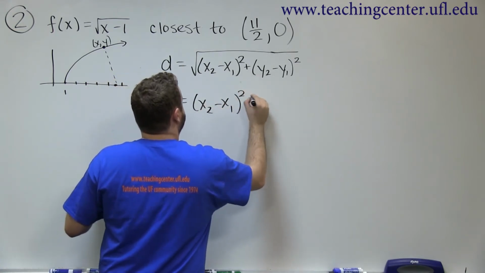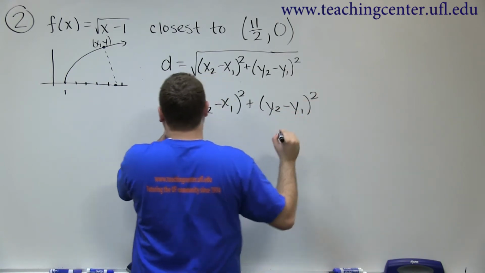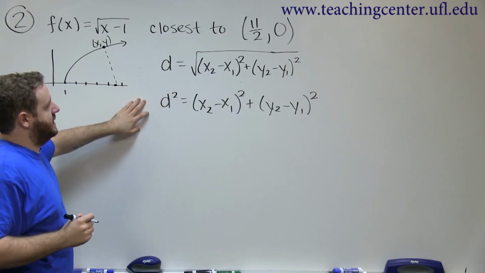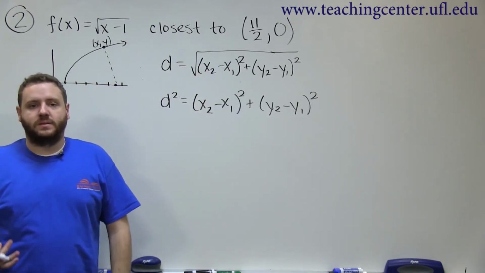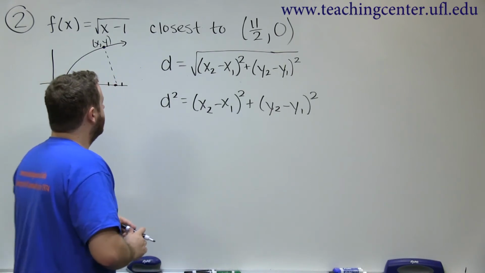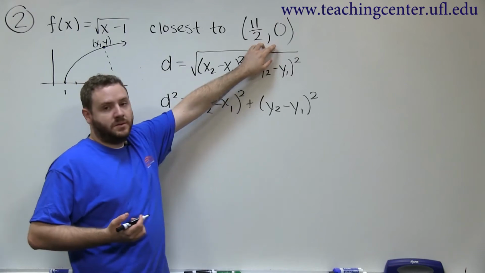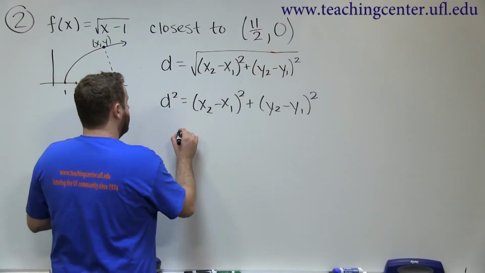And now when we plug in these points that we know, if we take this derivative and set it equal to 0, the derivative here is much easier because we don't have a radical over everything. So that's why I'm going to do that. So now we just need to plug in what we have. Well, our points were 11 halves, 0 and x y. So we'll plug those into here.